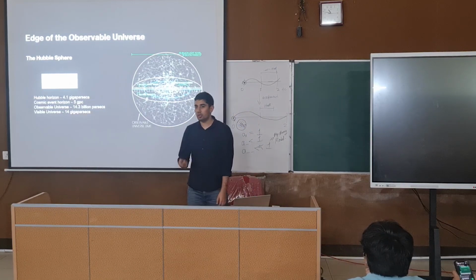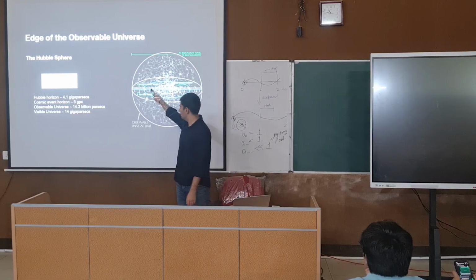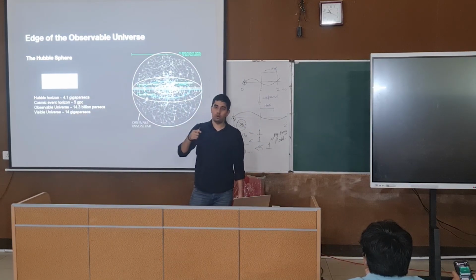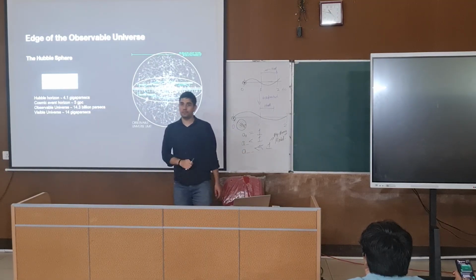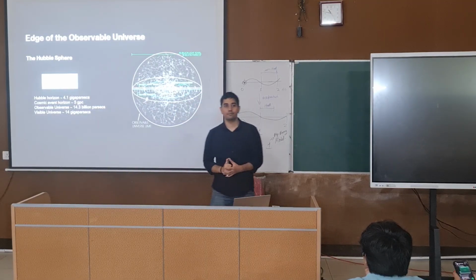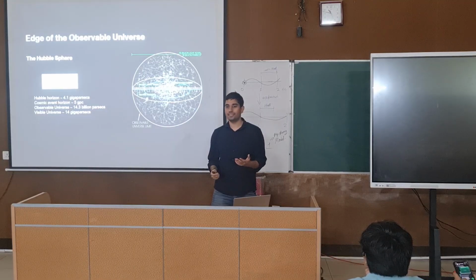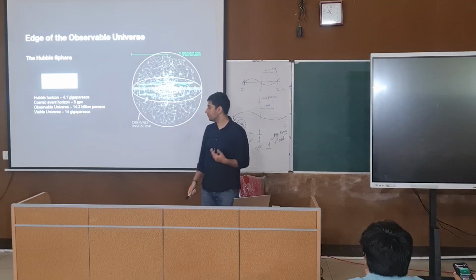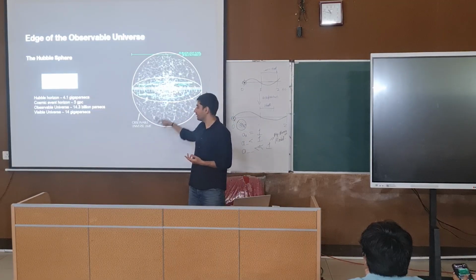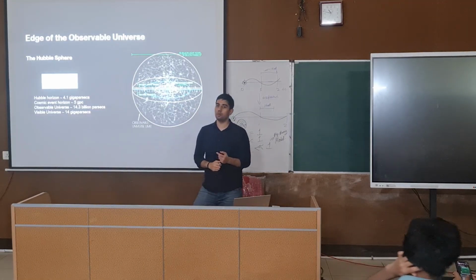And if you agree with homogeneity, every observer should have an observable universe, so the universe should actually be infinite. How did we make that jump? How is the universe infinite? Just from the fact that every observer should have an observable universe.